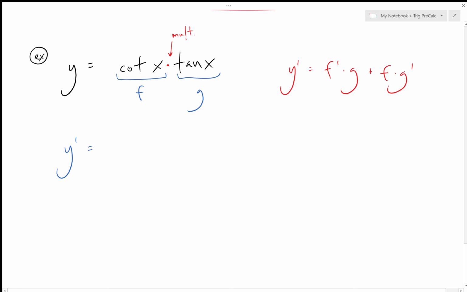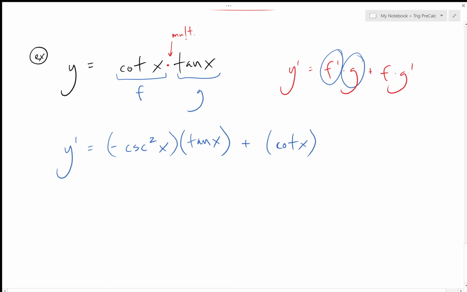So y prime equals, so let's find the derivative of f. Derivative of f, so the derivative of cotangent is negative cosecant squared. I'm going to multiply that to regular g, and g is just tangent of x, plus f, that's cotangent x.